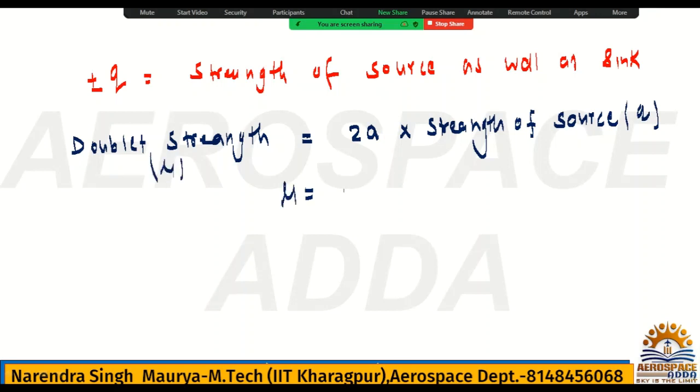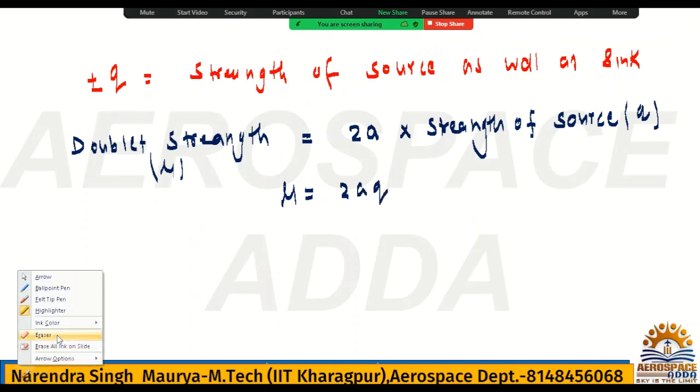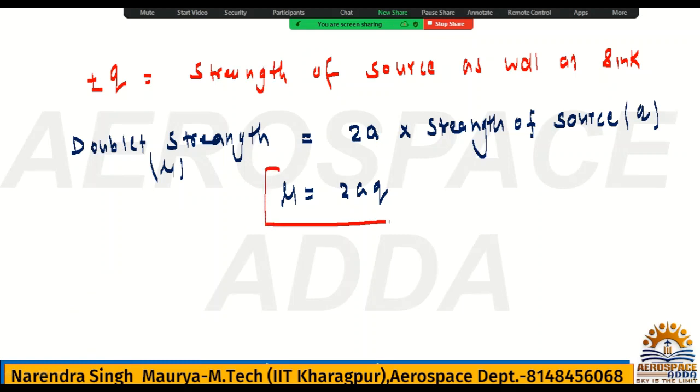So what is the mu? Mu is nothing but 2aQ. Mu is the strength of doublet. What is Q? Strength of source. What is 2a? 2a is the distance between source and sink. Okay, fine.